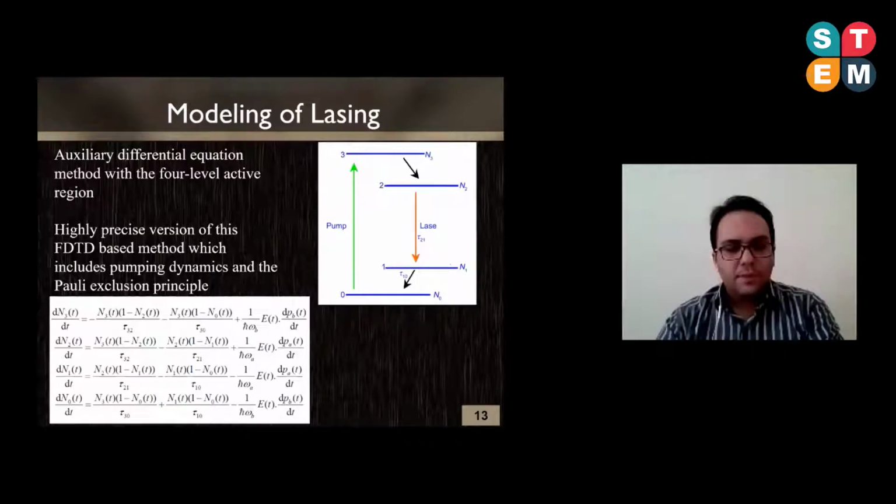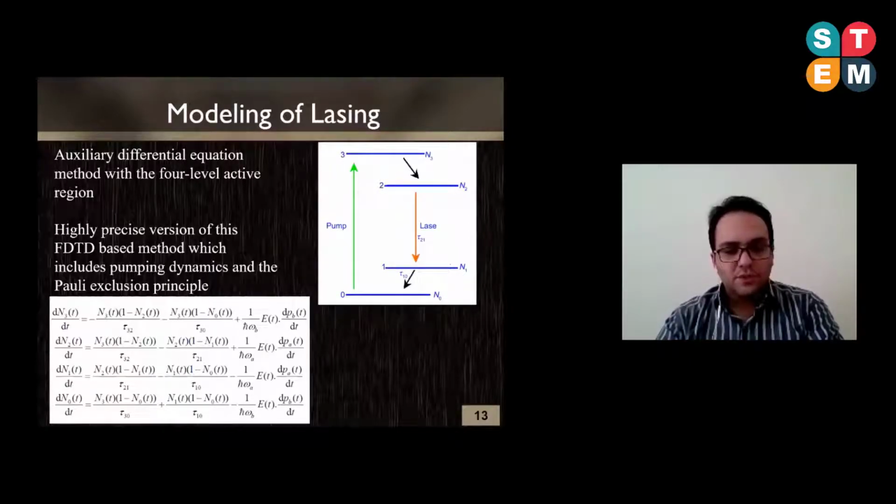In this way, 4 energy levels, 2 of which are in the conduction band and 2 in the valence band, are considered, while the transition of electrons between these energy states is modeled by the 4-rate equation that you can see here. The 4-rate equation is for a 4-level 2-electron lasing system, taking into account carrier diffusion.